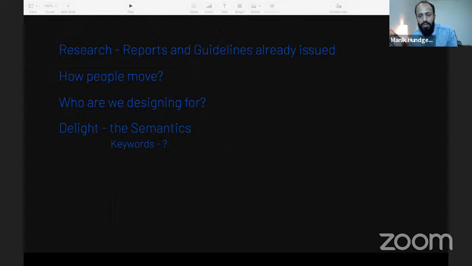So your keywords should decide what kind of people you're designing for, and it's vice versa. If you decide that you want to make a very luxurious space for certain people, and it does not match who you are designing for, then you should definitely question why you're doing it.